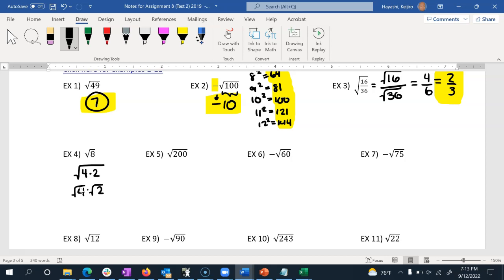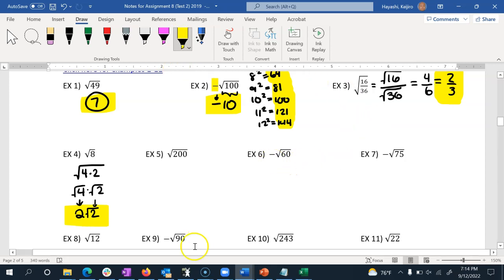What is the square root of 4? 2. Okay, it just is the number 2, right? No more square root symbol for this 4. It just is 2. And the square root of 2, there's not really anything we can do with it, so it's just going to have to stay how it is. So it's 2 square roots of 2.